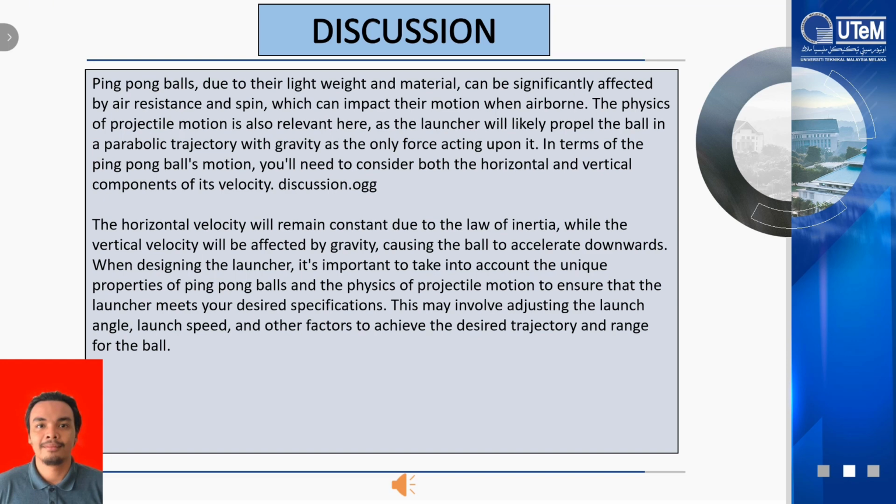You need to consider both the horizontal and vertical components of its velocity in terms of the ping pong ball's motion. The horizontal will remain constant due to the law of inertia, while the vertical will be affected by gravity, causing the ball to accelerate downwards.